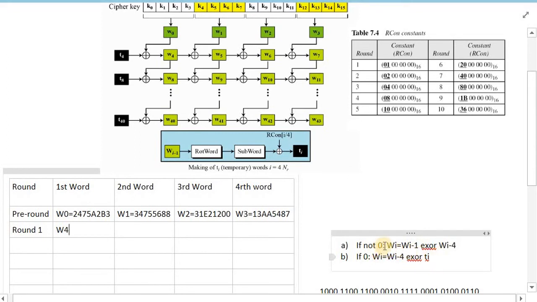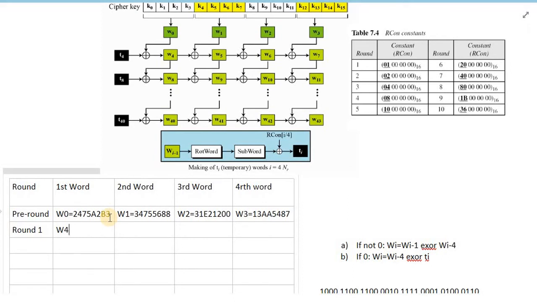If i is divisible by 4, meaning the second condition is true, then we have to perform Wi minus 4 XOR Ti. So what is Wi minus 4? 4 minus 4 equal to 0. So the value should be W0 XOR Ti. What is the value of W0 here? The W0 value is 24, 75, A2 and B3, the upper side value.